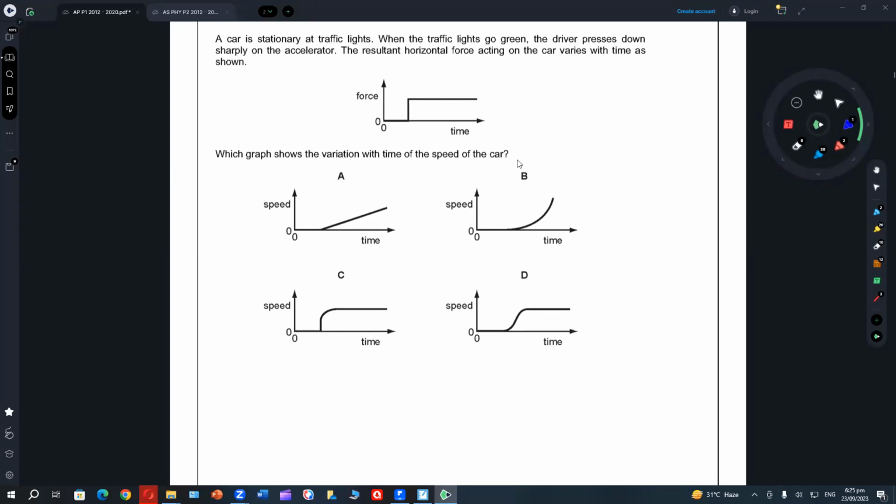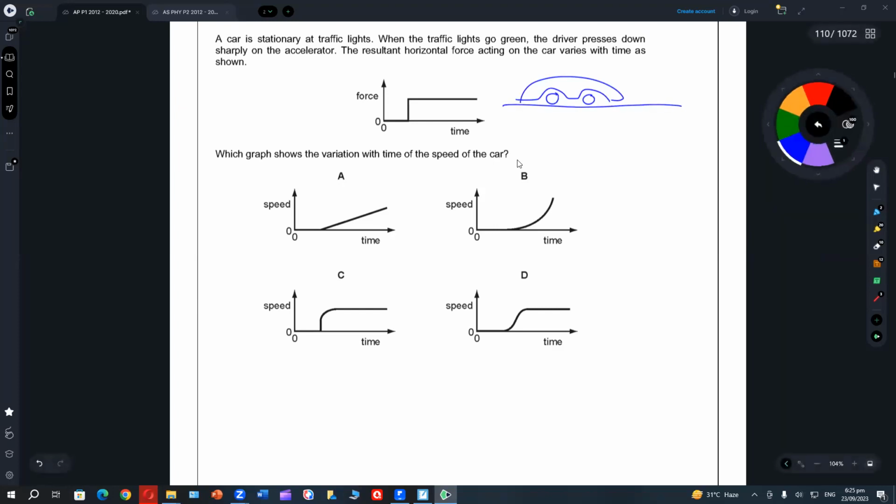How is it possible? If you are standing on a road, and I'm drawing a pathetic car actually. This is a car. But I want you to recall for me the forces on a car. This is the driving force.